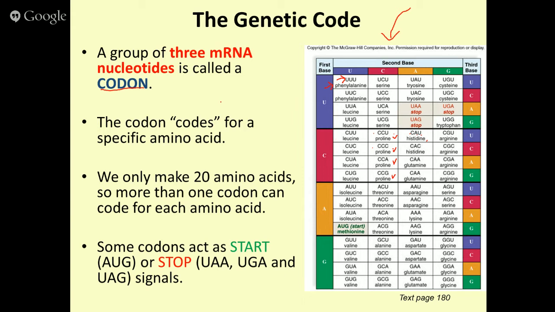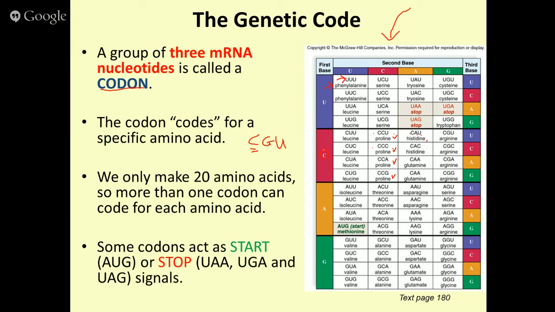If you know that your messenger RNA has a specific trio of nucleotides, so if your messenger RNA says CGU, you're going to look this up in your codon dictionary. You'll notice the first letter C, you get your first base here.